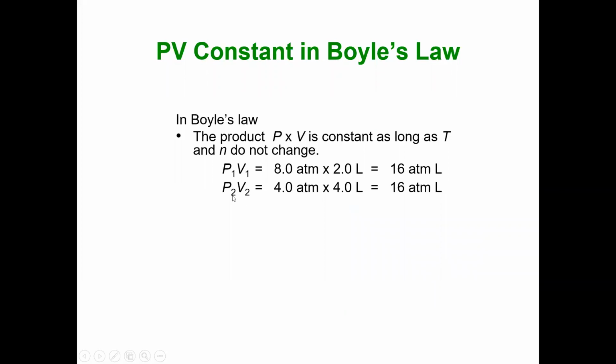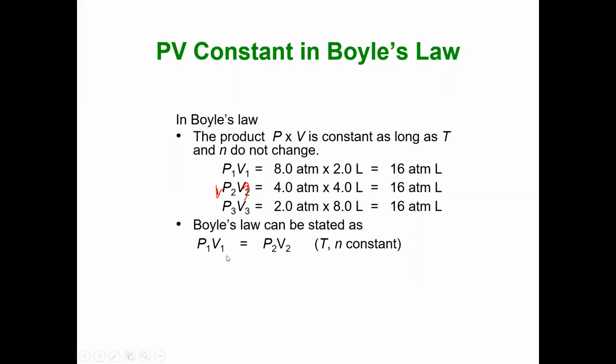So if I change the volume, let's say I doubled the volume, now the number of collisions will decrease. If I increase volume, the number of collisions will decrease because there's more room and there's less frequency of collisions. But I still have the same product. I could change these parameters again, and I still end up with the same product. What does that mean?